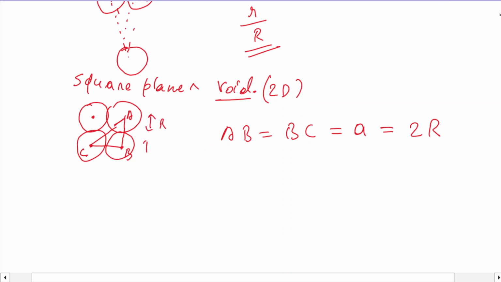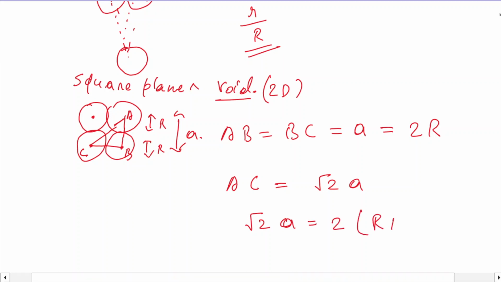This is R, this is R, and this all is a. a is equal to 2R, AB is equal to BC, and what will be the AC? AC will definitely be equal to root 2 a, and this distance root 2 a will be equal to 2 into (R plus r), isn't it? So this is the condition.